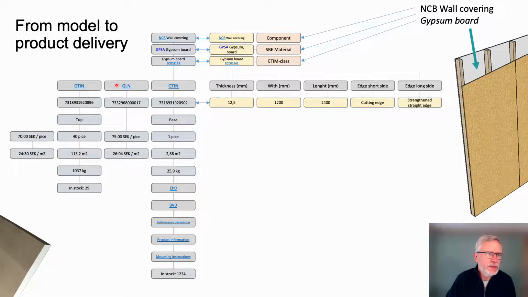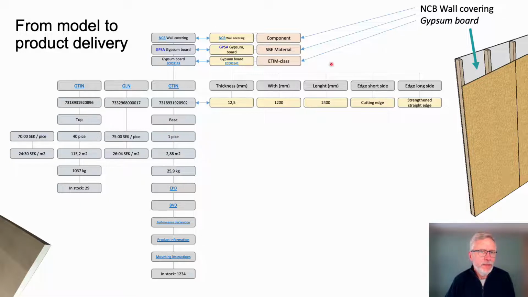You have the GLN, which is the localization number, actually the number of the factory in this case producing that gypsum board, so you know where it's produced. And you can also have a GTIN for a 40 pack of gypsum boards, and you can have prices and weights and if it's in stock and so on. So here you see the complete flow of information from the requirements down to buying the actual product.